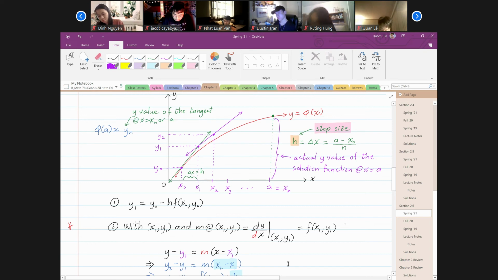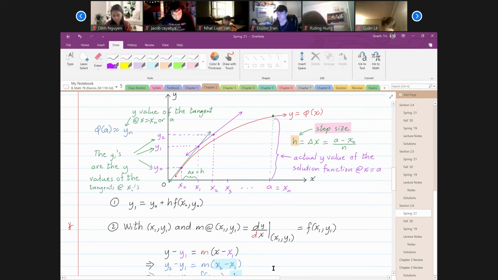Okay, so you have to know all of the subscripts right here. All of these y sub i's are the y values of the tangents at x sub i's.